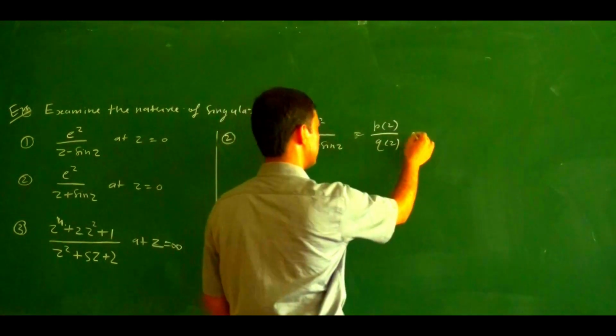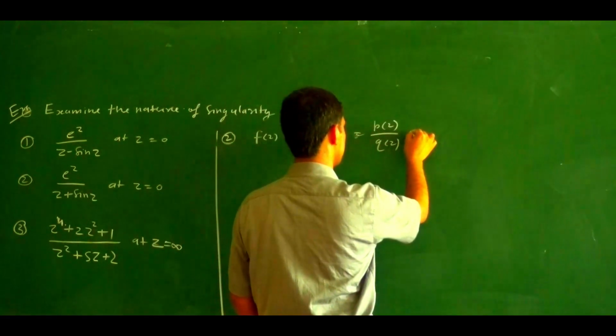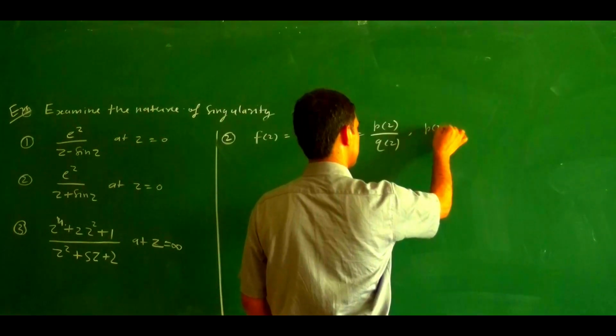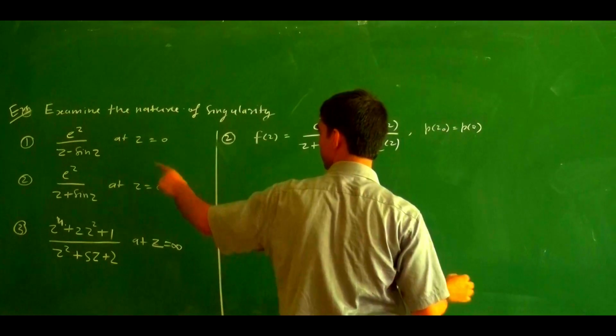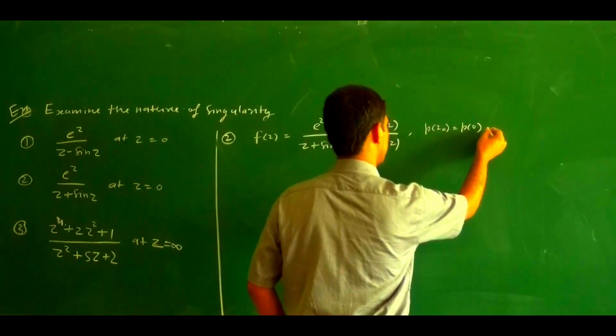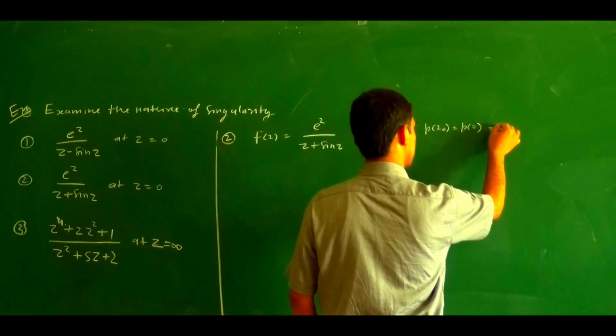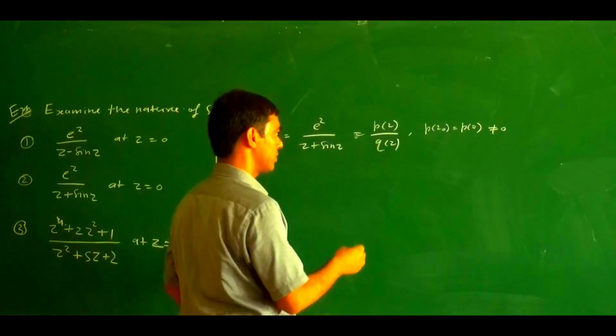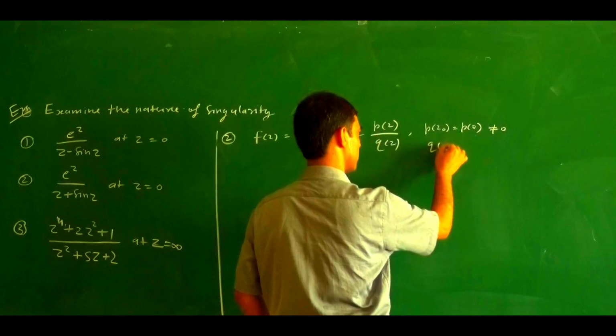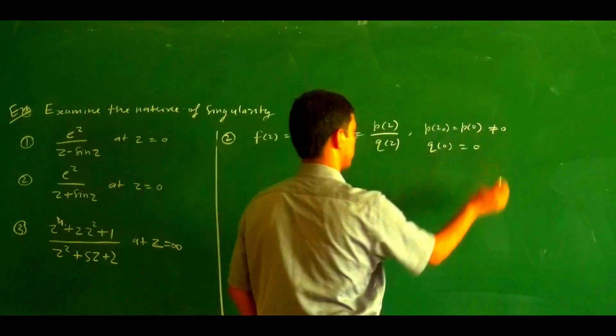Now what will happen here? P(z0) means P(0), where z0 is 0. P(0) does not equal 0 because e to the power 0 becomes 1. Now Q(0) equals 0.